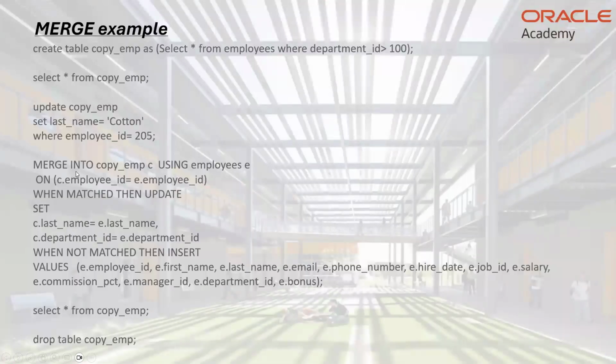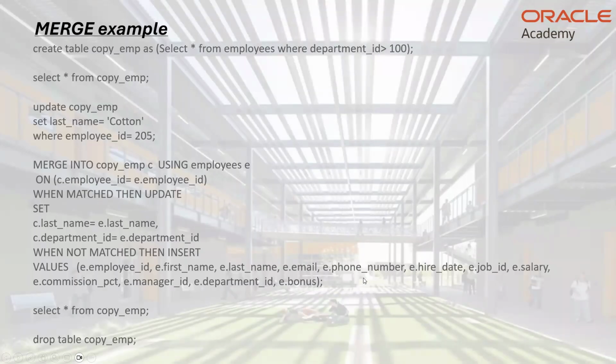All right. So merge into copy imp using employees on our condition, employee ID and employee ID. When matched then update last name equal to last name, department ID. When not matched, values employee ID, first name, last name.